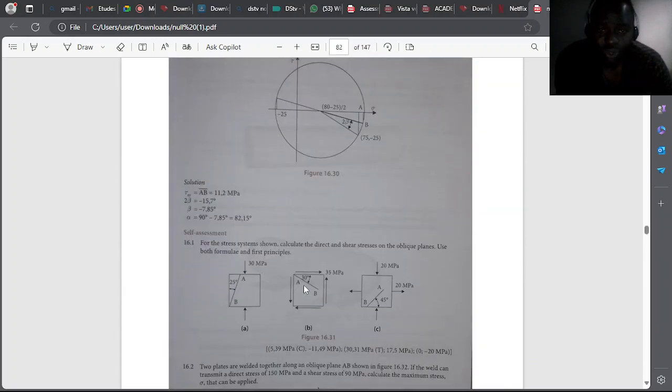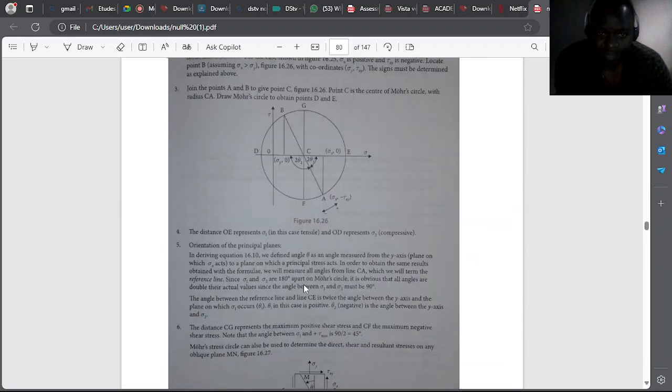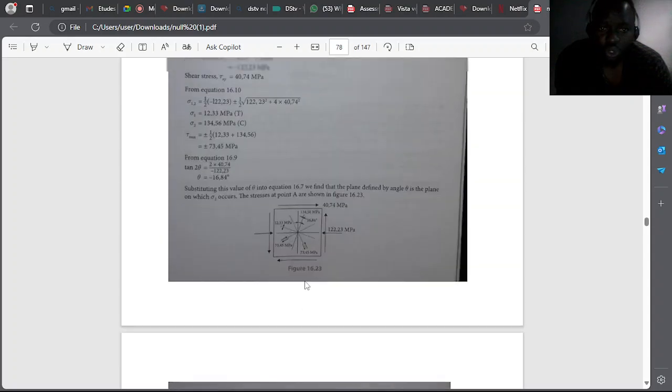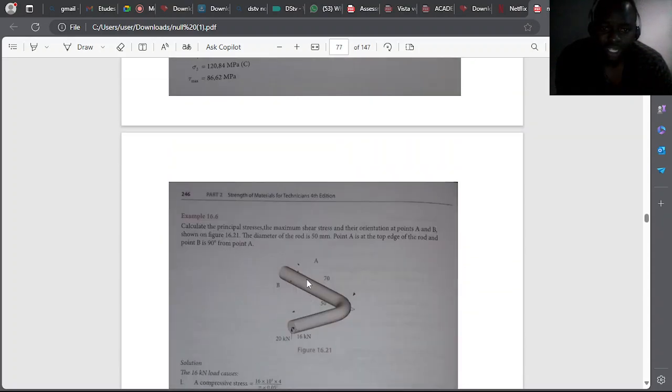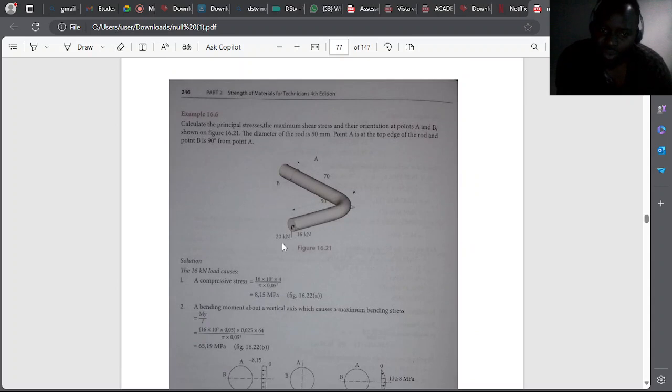I want to show you this to see what I mean. Okay, this is the example that we had. The force 20 was creating a shear due to the force at this point down here.